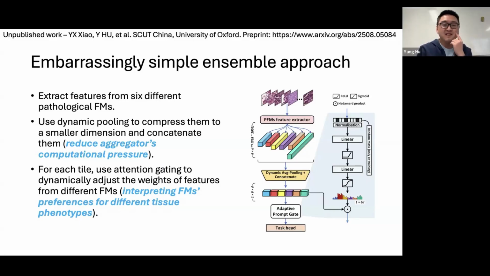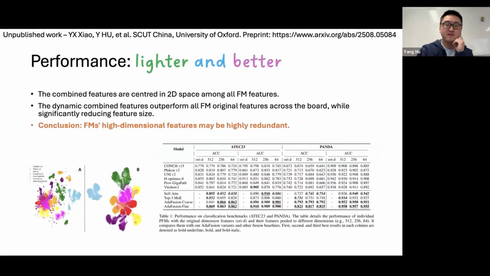After we compress them, we just concat them together, and on each tile, we use an attention gate to dynamically adjust the weights of these features from different foundation models, to interpret the foundation models' performance on different tissue phenotypes.